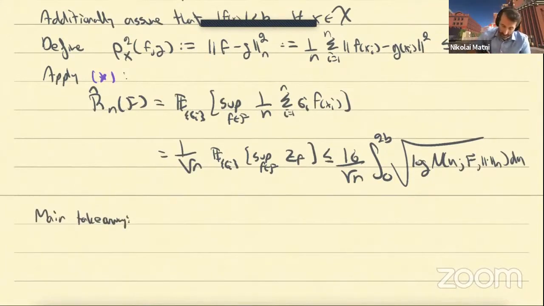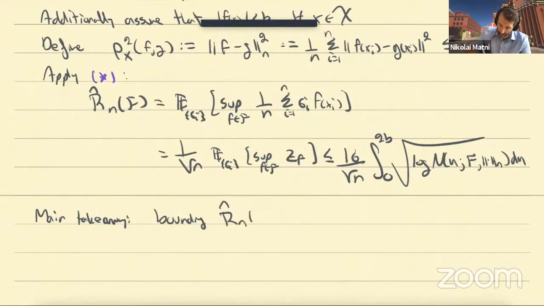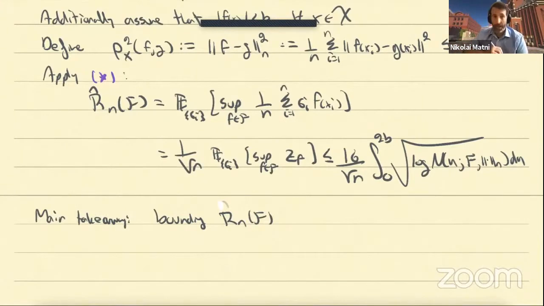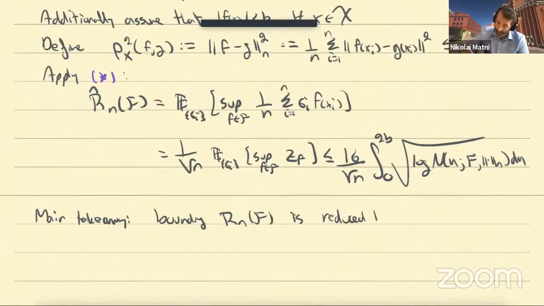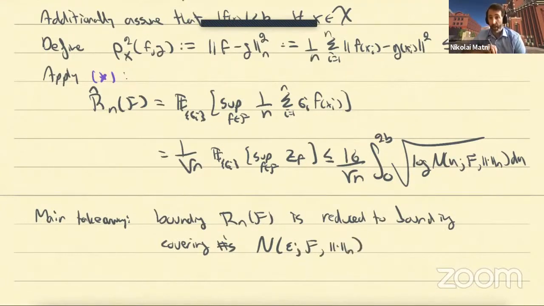We've reduced bounding the empirical Rademacher complexity, and you'll also notice that there's no x showing up on the right-hand side anymore, so it's actually just bounding the Rademacher complexity itself is reduced to bounding covering numbers under this empirical metric that we defined.